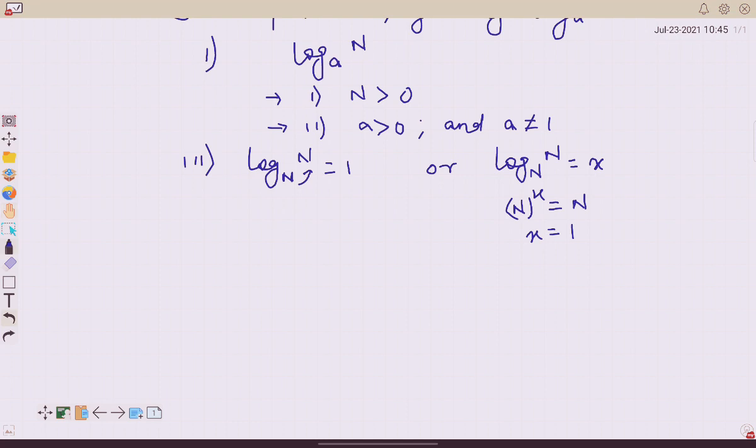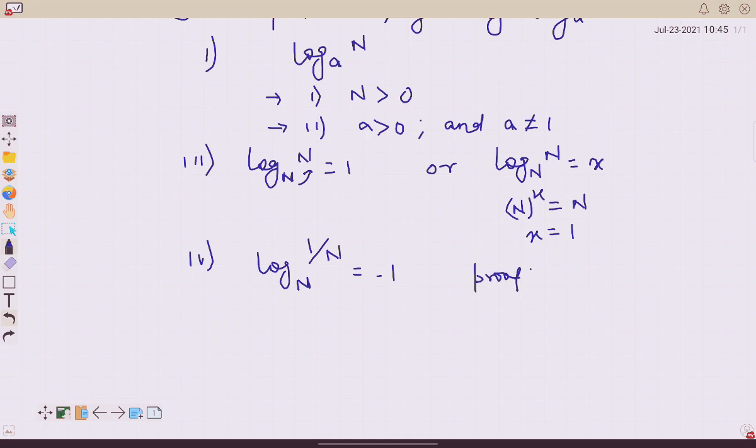In the next one, if some question is given like log of tan 20 degree, before that try to find some value like log of 1 upon n and the base value is n. Just consider this value is equal to minus 1. So how is this value minus 1?